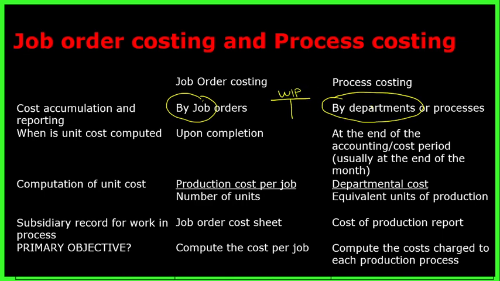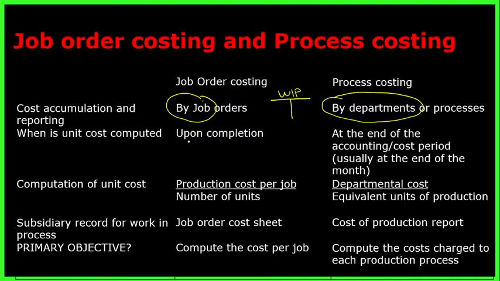Diba? For process costing naman, each department will have their own work in process account. Okay, so yan. Work in process department A, work in process department B. So yung output ni A magiging input ni B. Yan, work in process department C. Dito naman, work in process product 1, work in process product 2.